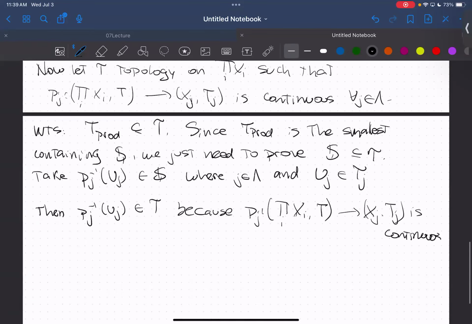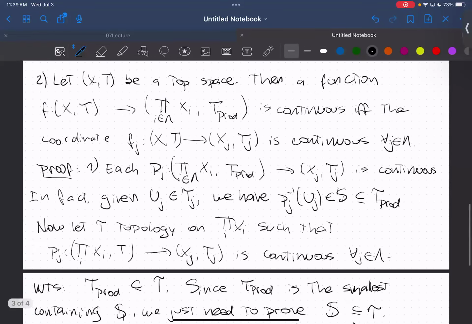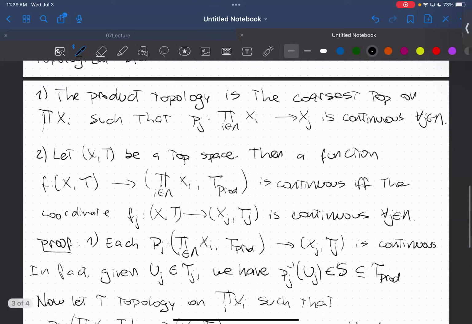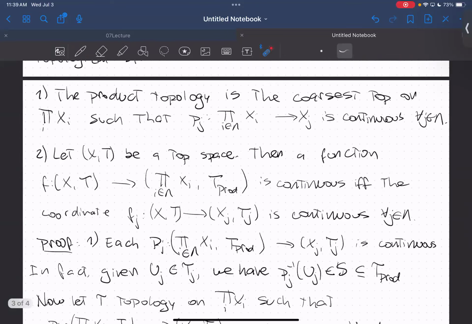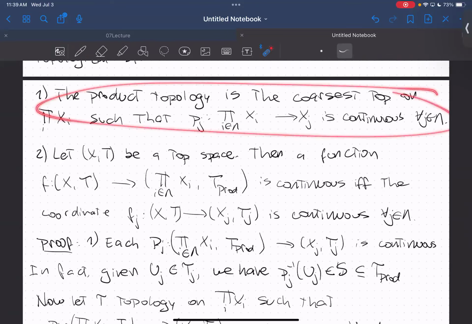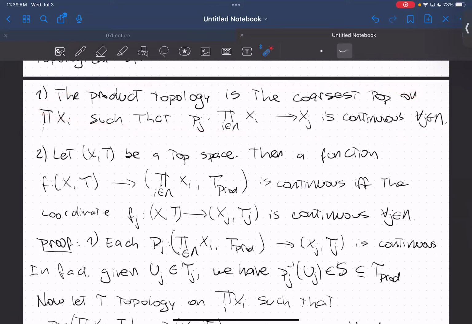Any questions? Yeah. So I just want to clarify, the goal is to find an open set U in Tj such that the preimage pj inverse of U is in S, is a subset of T prod, and then we have it's continuous.